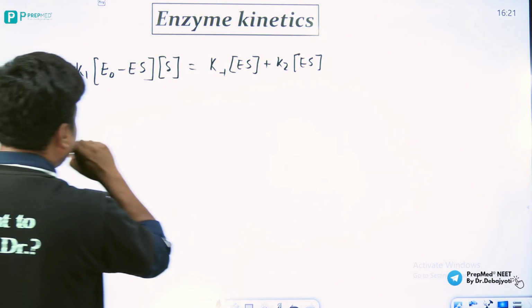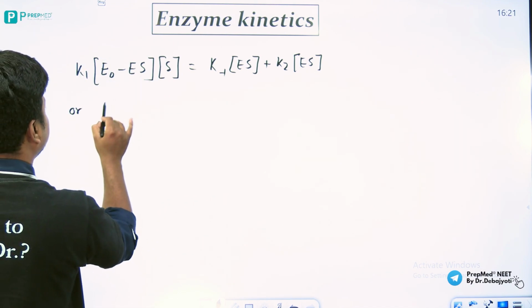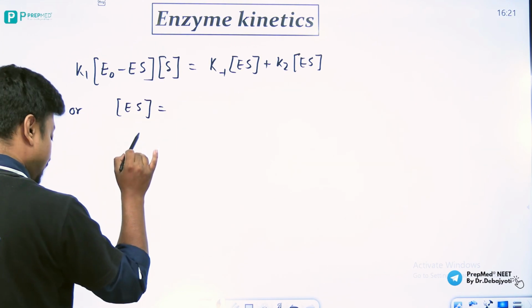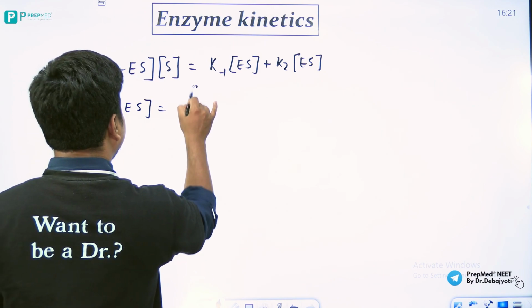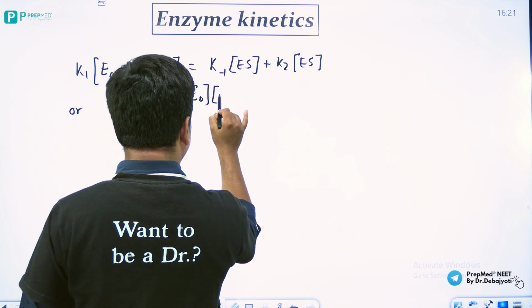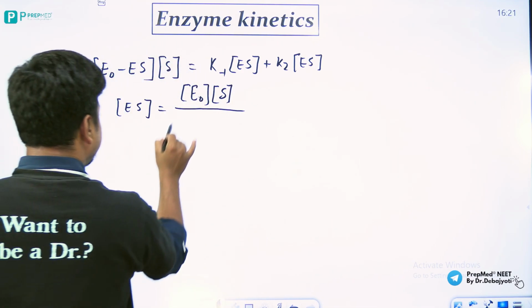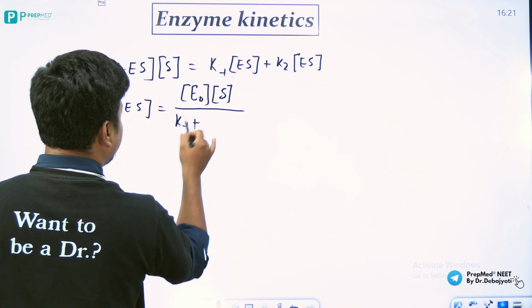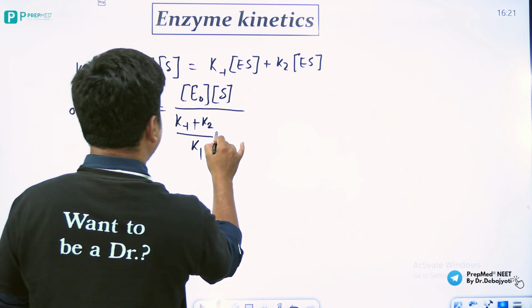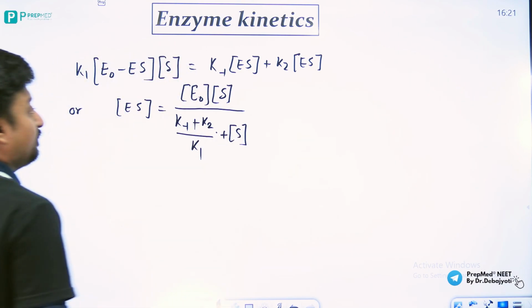So from here, solving for the enzyme substrate complex, I will get ES is equal to E0 multiplied by S divided by ((K minus 1 plus K2) divided by K1) plus the concentration of S. We can derive this equation.